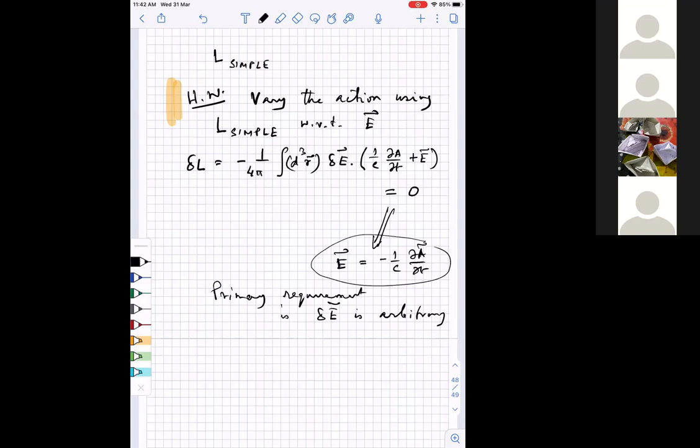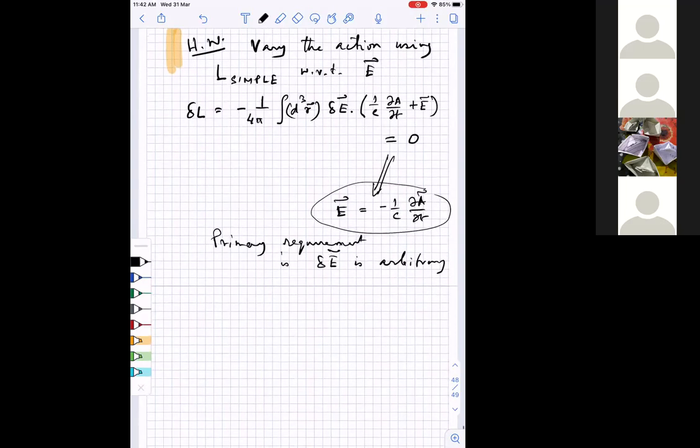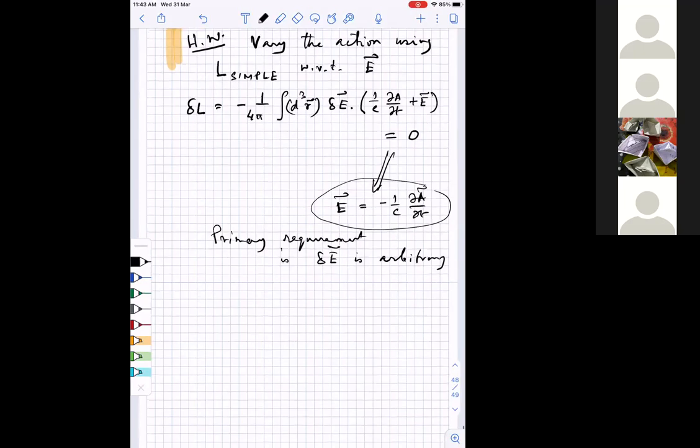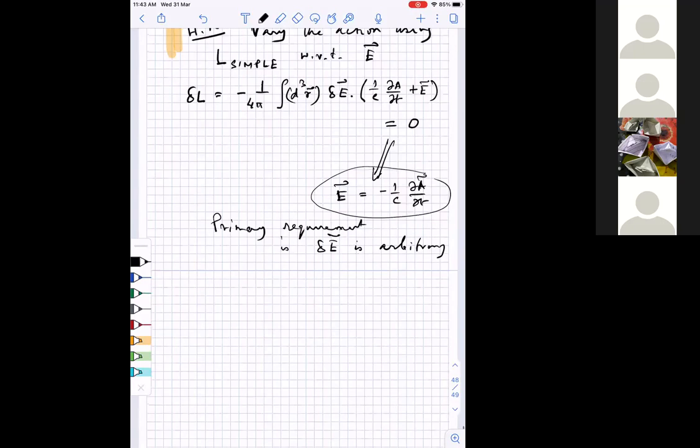For any arbitrary delta E, if this whole thing is equal to 0, then 1 by c del A del t plus E should be equal to 0. But is it arbitrary? Over here, it is not arbitrary. Why is it not arbitrary?